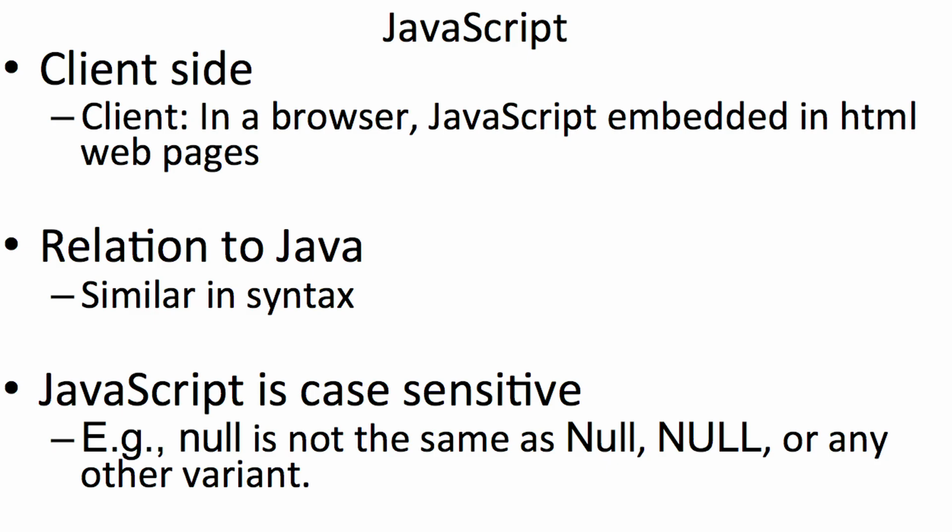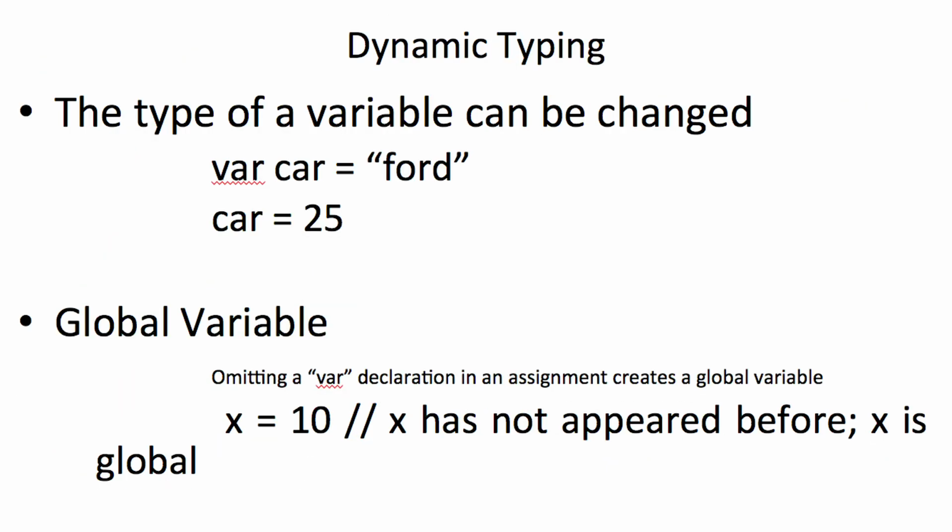Now, how to declare a variable in JavaScript. You can see in this slide dynamic typing, the type of a variable can be changed. We can declare a variable using the var keyword. Suppose in this line, var car equals Ford. So, car is a variable and we initialized it with the string Ford.